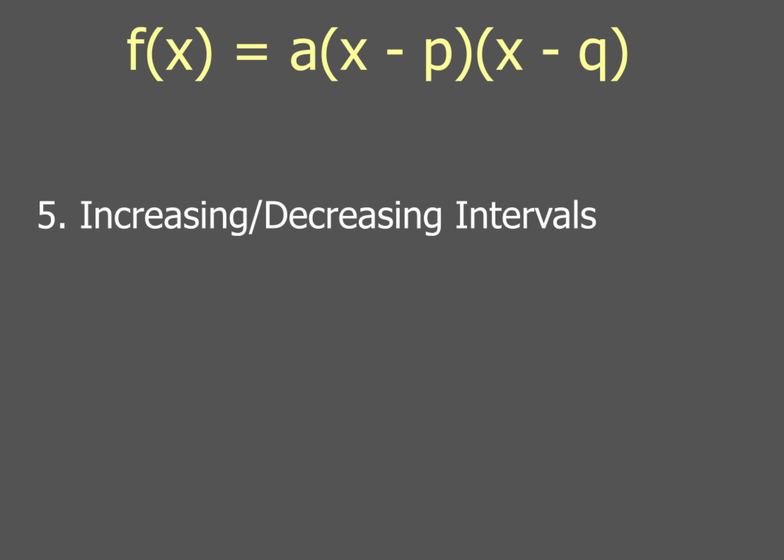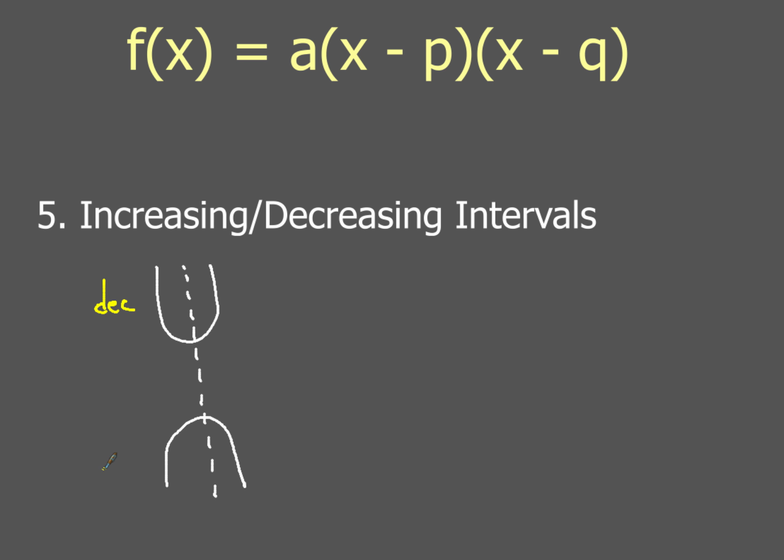Two more things that we want to do. Now, the increasing and decreasing intervals: parabolas or quadratics are going to have one of two shapes in Algebra 2 or below level. Right now we're just going to take a look at both of these, where you're going to have either a parabola that opens up or a parabola that opens down. In either case, wherever our axis of symmetry is, that divides your parabola in half. If your parabola is opening up, the left-hand side is going to be the decreasing part.